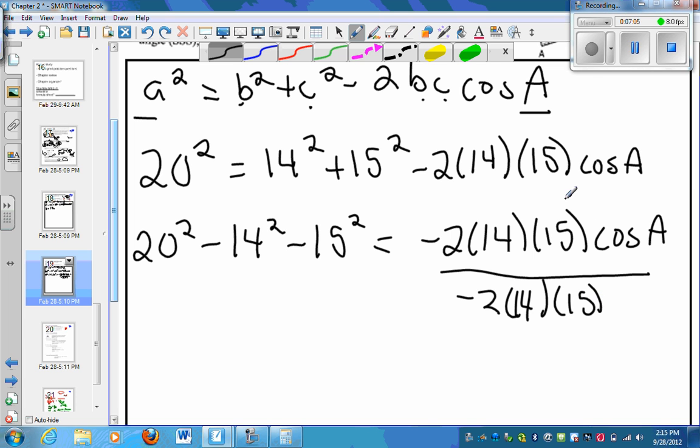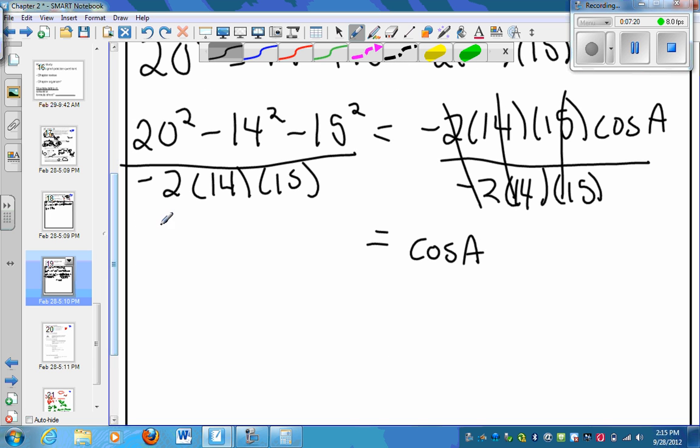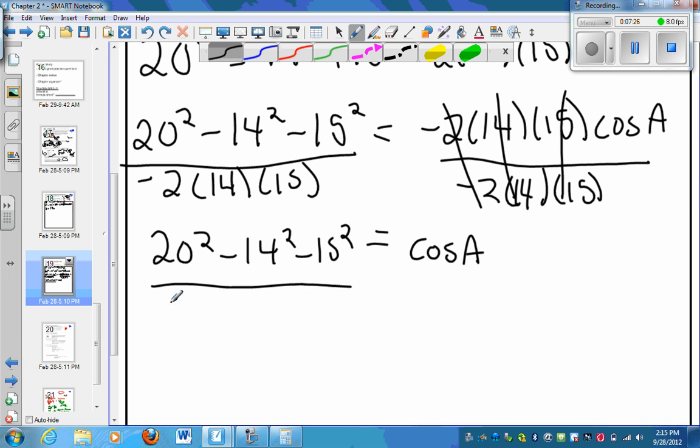These things will all equal 1. I'm left with just cos of A. Okay, and I have to do that to this side as well. Negative 2 times 14 times 15. So 20 squared minus 14 squared minus 15 squared over negative 2 times 14 times 15.